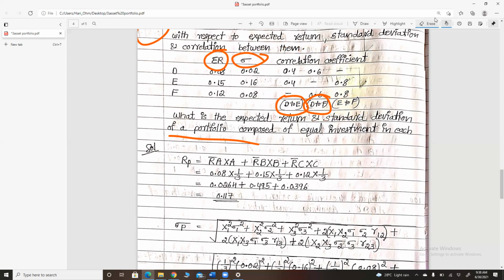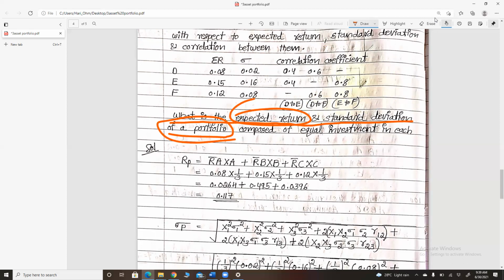Okay. So first, what do you have to calculate? Remember, what is the expected return and standard deviation of a portfolio? It is nothing but portfolio return. It's not expected return. Expected return is already given. Expected return of a portfolio is nothing but RP, that is portfolio return.